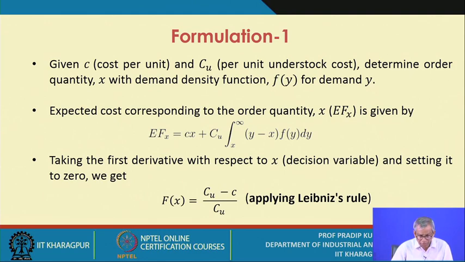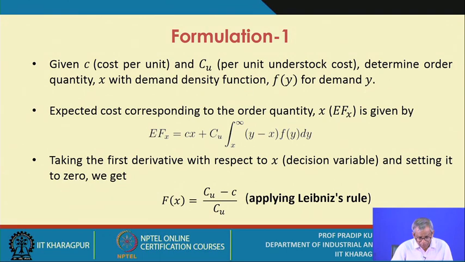So the first one is formulation 1. Given c, the cost per unit, that means the item is to be procured or produced. So you must know the cost incurred per unit. This value is given to you, this value is known.